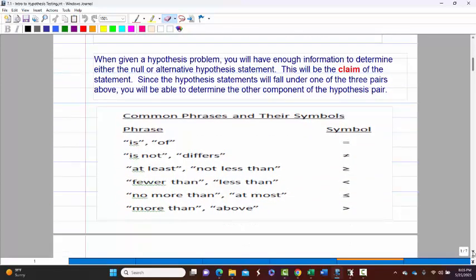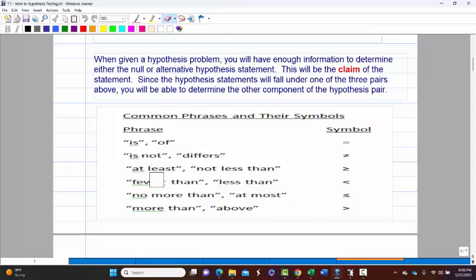Now, I don't like to get too tricky on the wording here, but here are some common phrases. Is or of, things like that, pretty much represent equals. Is not, differs, things like that, would be not equal. At least or not less than is greater than or equal to.